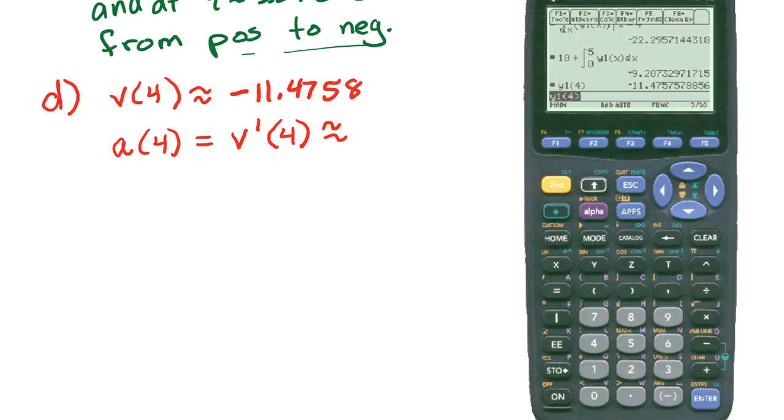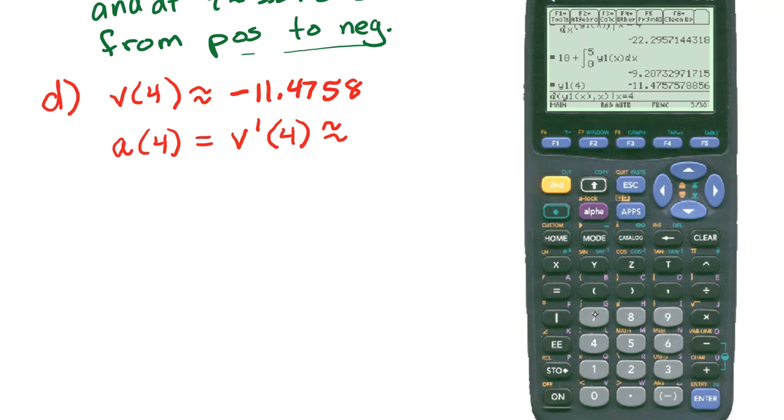And then back to my calculator. How can I do the derivative in the home screen right away? I could do this in one step. I could get my derivative symbol, derivative of y1 of x with respect to x, and close the parenthesis, and then use the such that bar, that vertical bar right here under the equal sign, such that x is equal to 4.